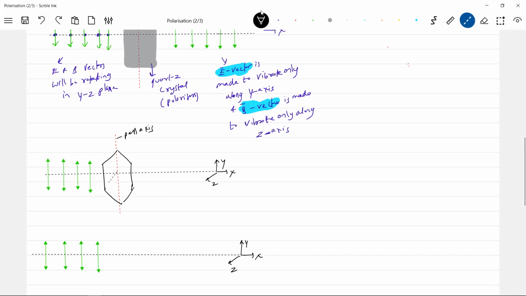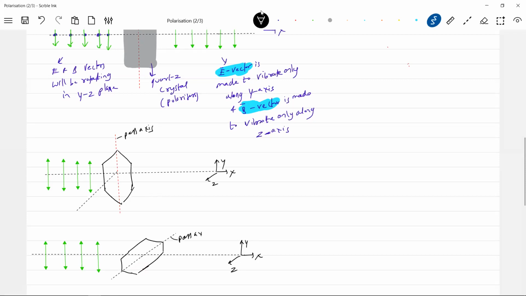Z-axis, no? So the z-axis will show like this. And now if I orient the Polaroid, I think, okay, fine.